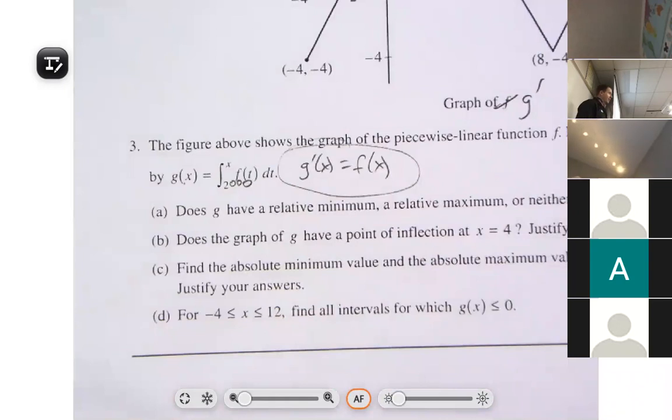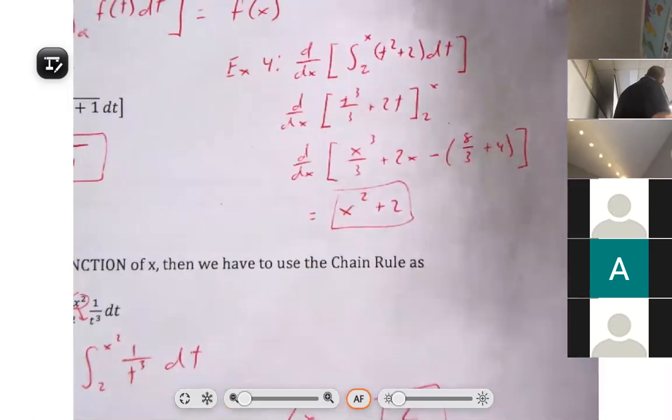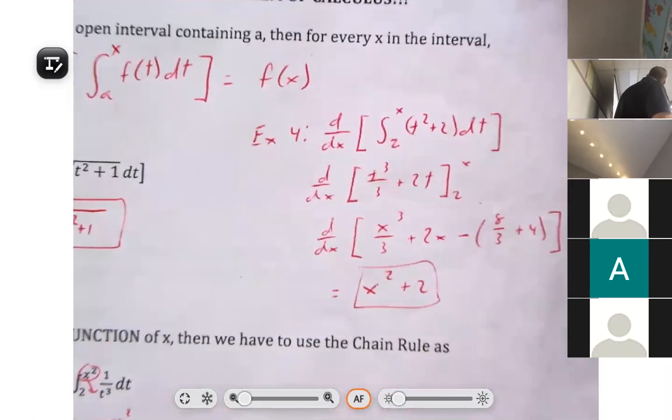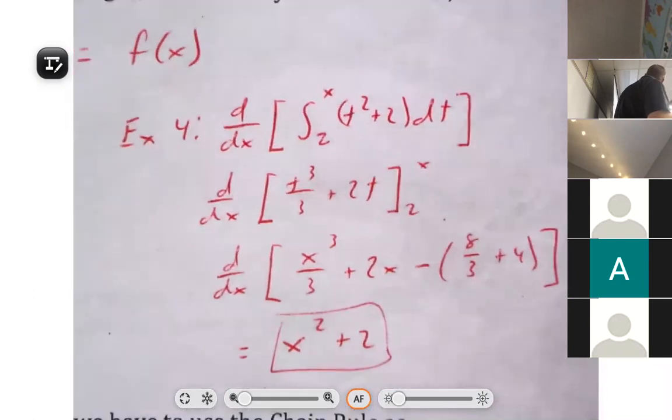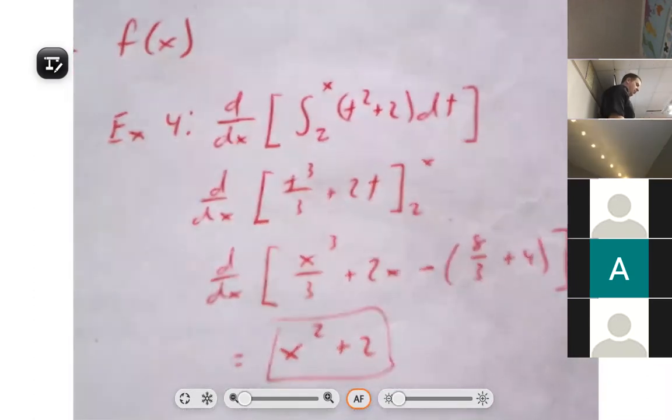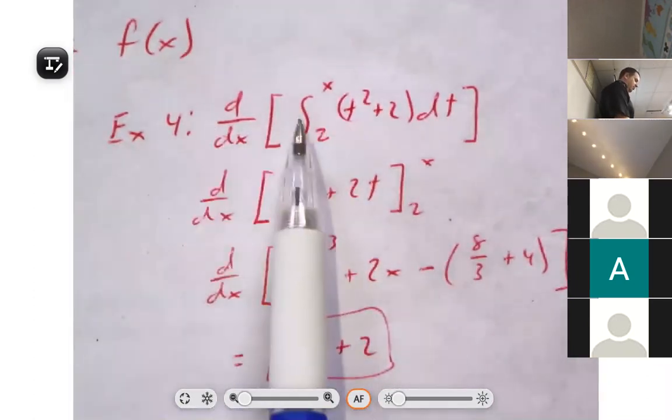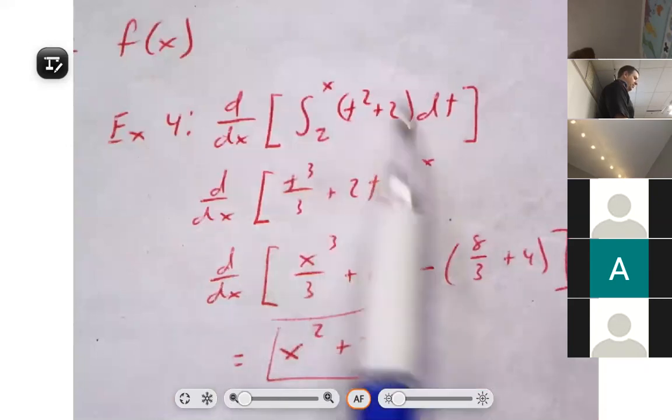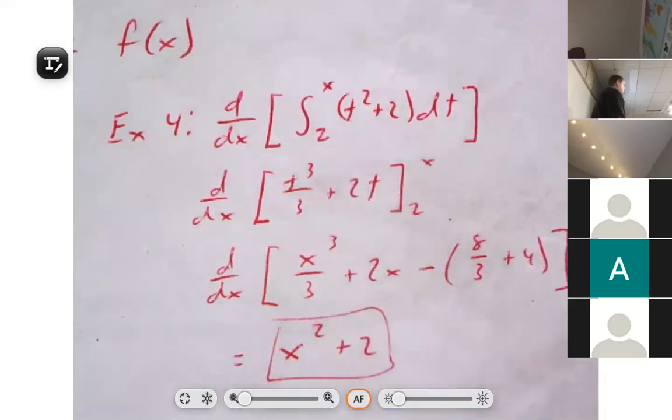Are you? You don't have to write it, but the reason it doesn't matter, I'll show you. I already did it, so instead of me doing it again. So imagine that I had this problem here, okay? That I say, hey guys, find the derivative of the integral from 2 to x of t squared plus 2. And let's pretend we didn't know this little shortcut, and you had to go through and do the math, right?